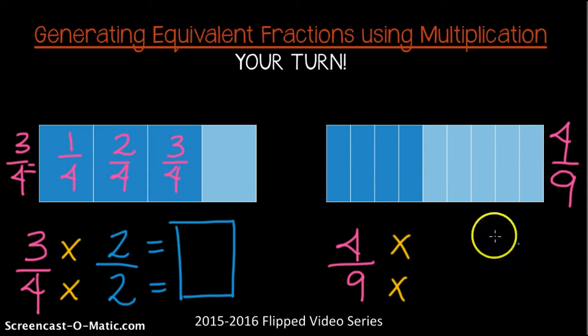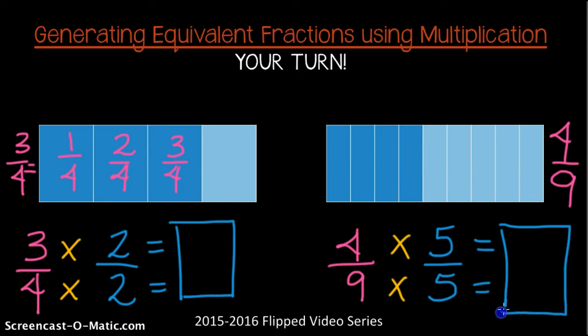And let's try, oh, I don't know, fifths, or 5, to generate your equivalent fraction. You can go ahead and pause the video now to do your calculations and meet me back here when you're ready.